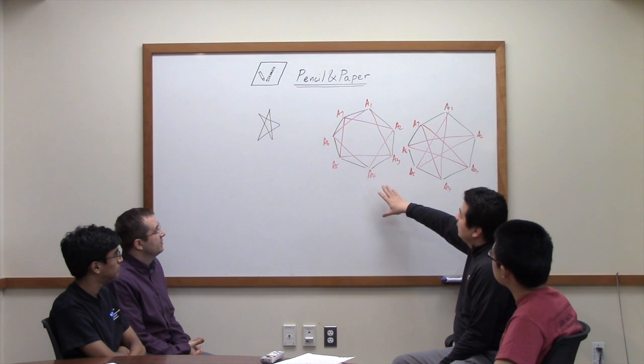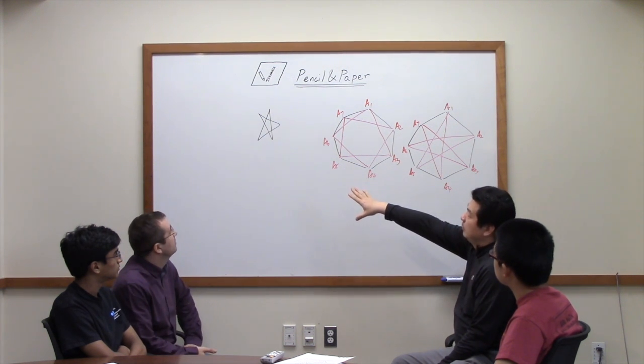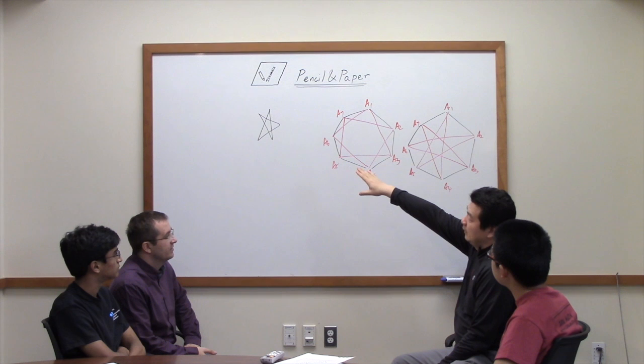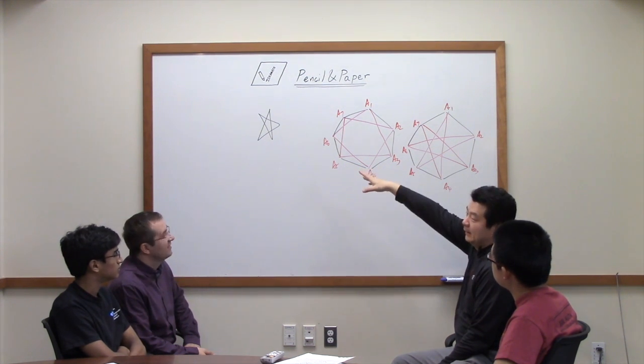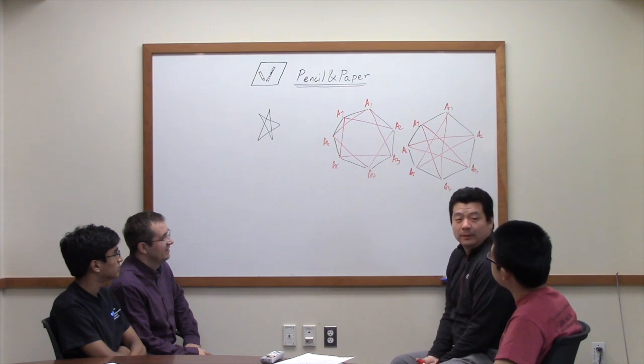So this is a variation of a very classical problem. When I was very young, people asked me as a math puzzle: for any pentagon like this, what's the sum of the interior angles?